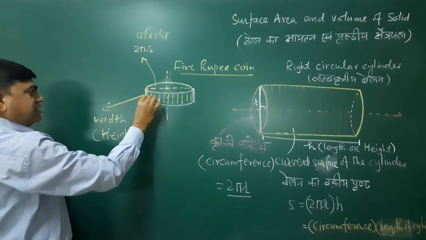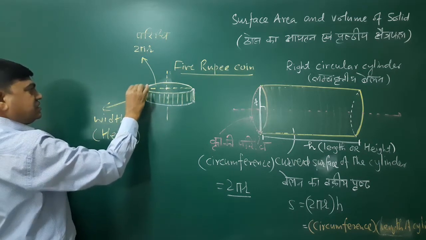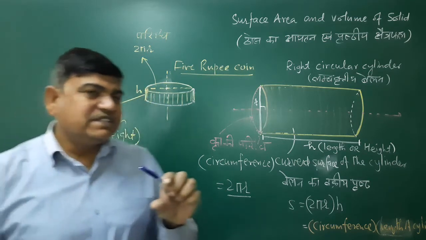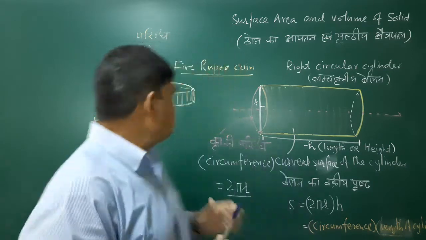Width, suppose this is h, because this is the small one, so we can say this is the width.